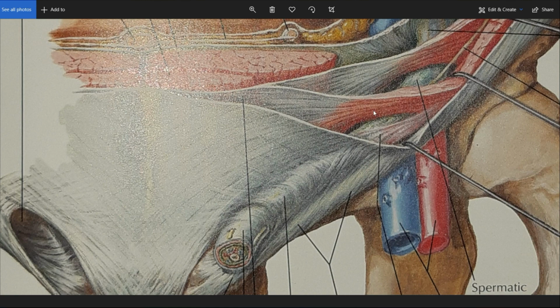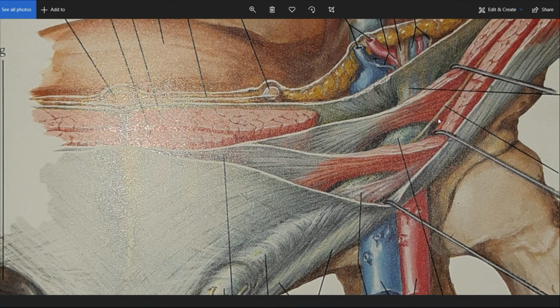These structures are posterior. These structures are anterior. So anteriorly, we don't actually consider transversus abdominis as an anterior relation, right? We do consider the internal oblique as an anterior relation, although only in the lateral 1/3.